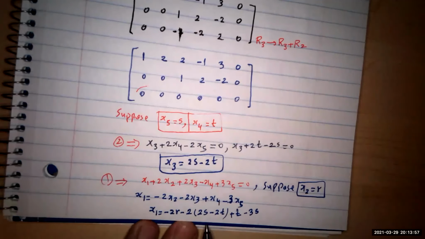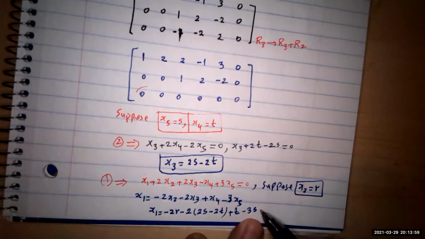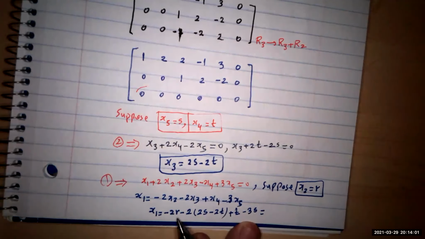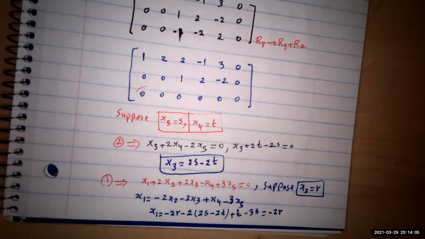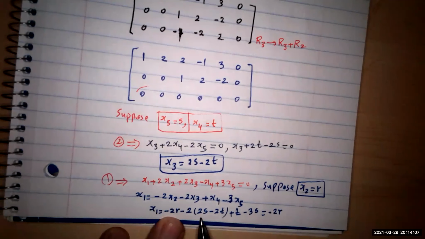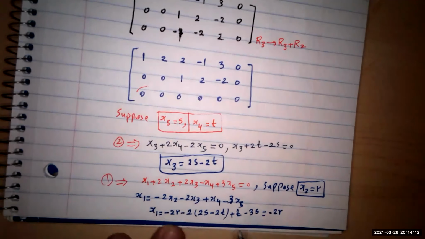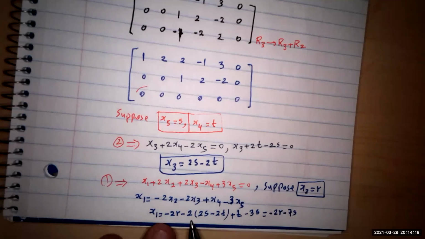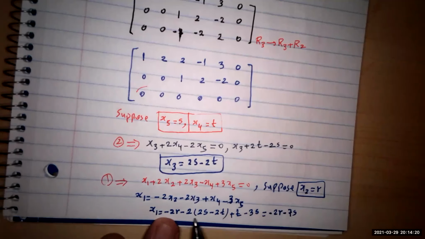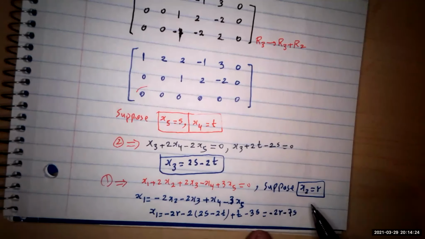You have to simplify it to get this number. So it's going to be negative 2r. Multiplying these together gives negative 4s and negative 3s would be minus 7s. What else? These two would be a positive 4t, and that gives me 5t.